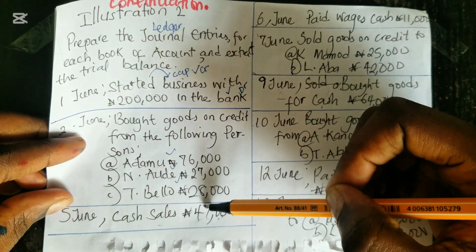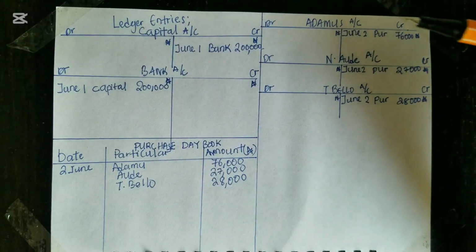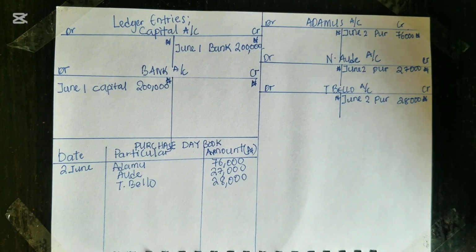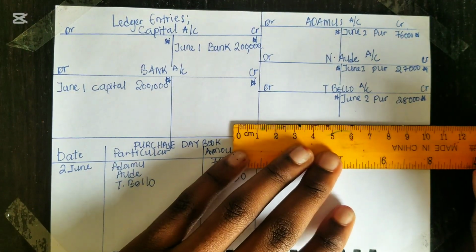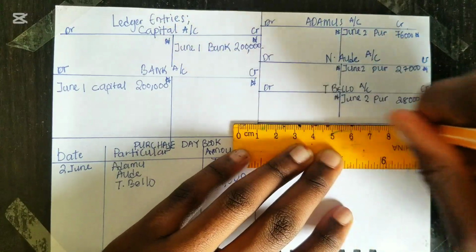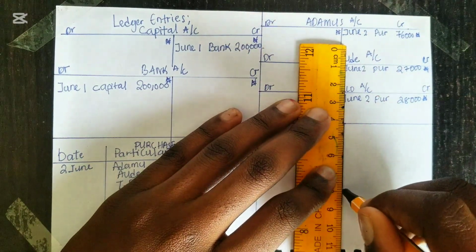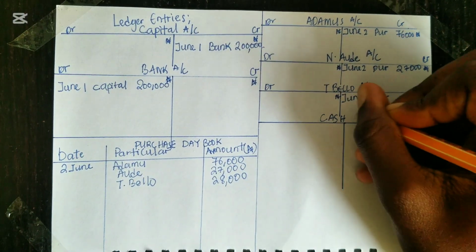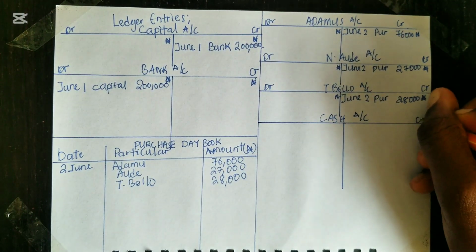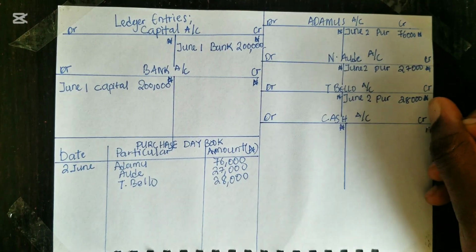So the next one is what? Cash sales of 47,000, right? June 5 is what? Cash sales. Do we have our cash account? No. Do we have a sales account? No. So we have to prepare both the sales account and the cash account. So this will be our cash account. Right, cash account, credit, debit, naira sign.